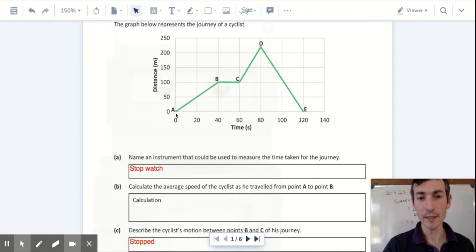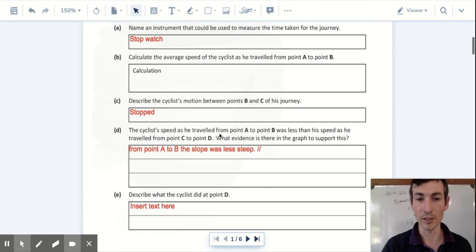The cyclist did 100 meters in 40 seconds from A to B. But from C to D, the cyclist is going from 100 to well over 200, in 60 to 80. That's only 20 seconds for about 100 meters. So from A to B there was a greater time to do 100 meters.